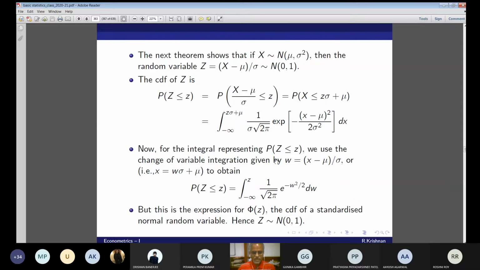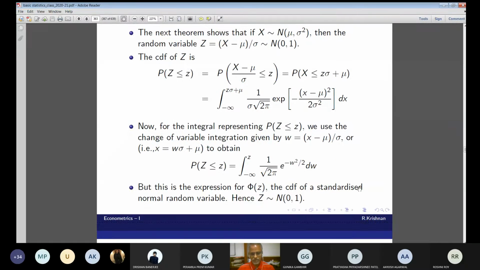Now, in the integral representing this, we use the change of variable w equal to x minus mu by sigma, that is, x equal to w sigma plus mu, and just substitute it to obtain this particular expression. But this is the expression for the CDF of a standardized normal random variable, and hence Z is distributed as a normal random variable with mean 0 and variance 1. So this is a simple integration.